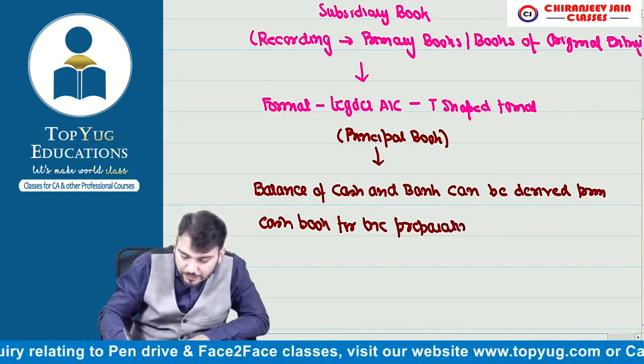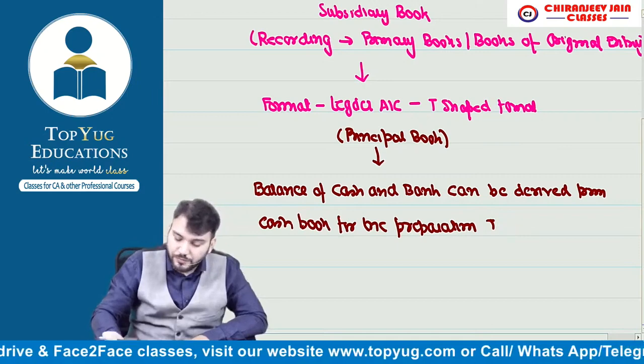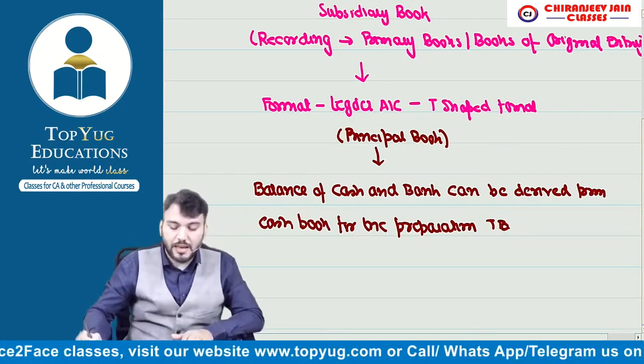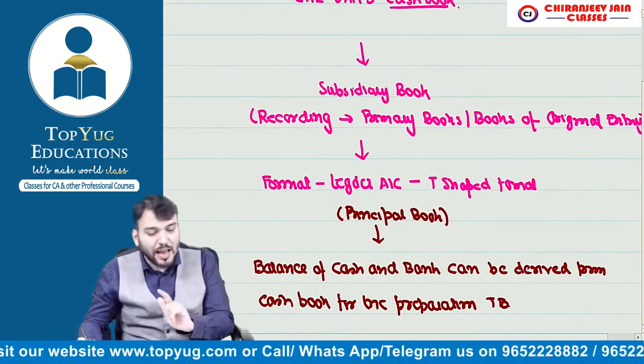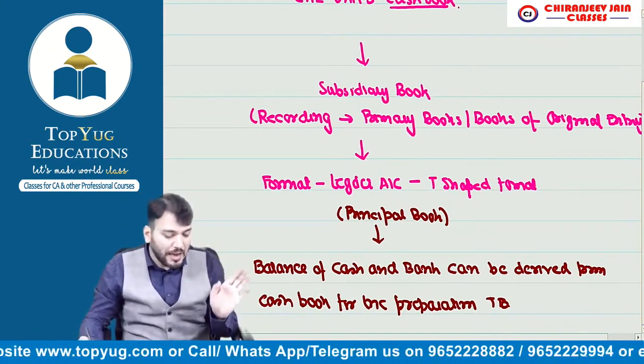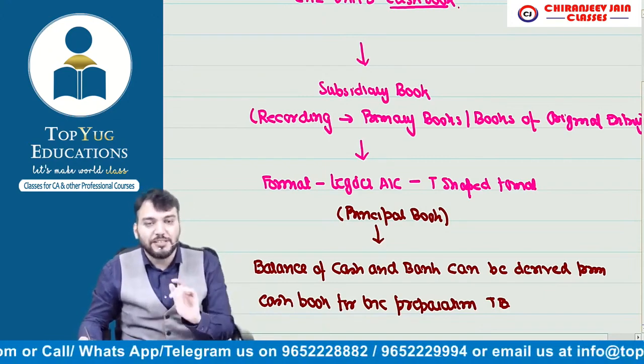Understood this point? Have you understood this point? Any doubt? So cash book is a subsidiary book as well as a principal book, and therefore there was a need for a separate chapter.